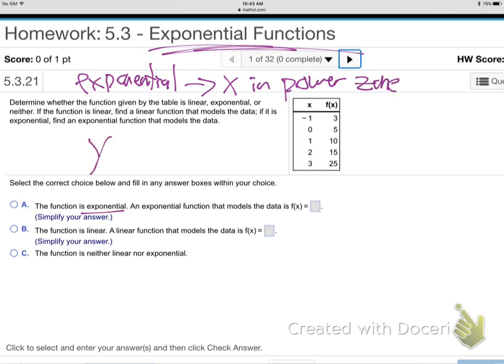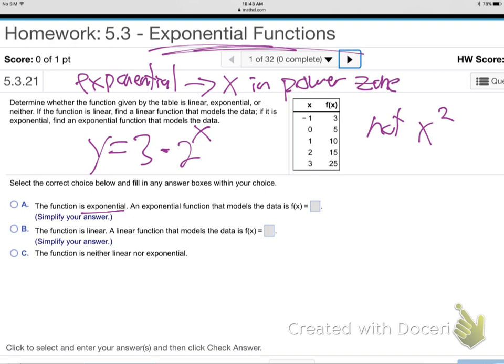So it's things like y equals 3 times 2 to the x power. Does that make sense? So it's not just things like x squared. x itself is in the power for an exponential. Not just that it has powers, but that x itself has climbed up there into the power zone. Does that make sense? That's what I really want to make clear for you.